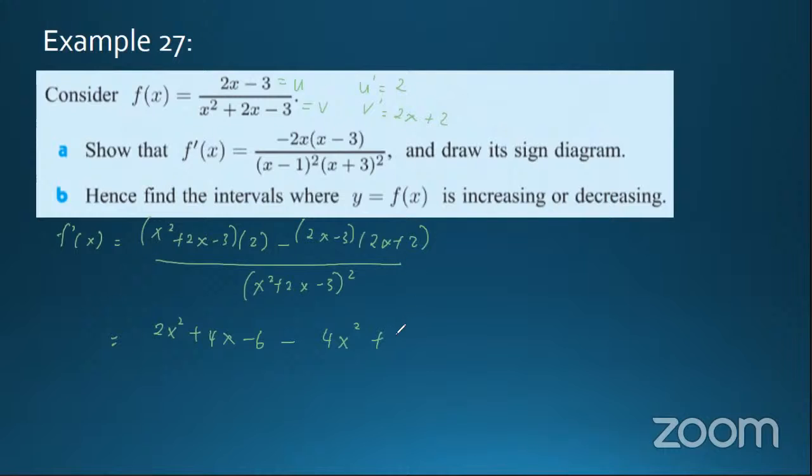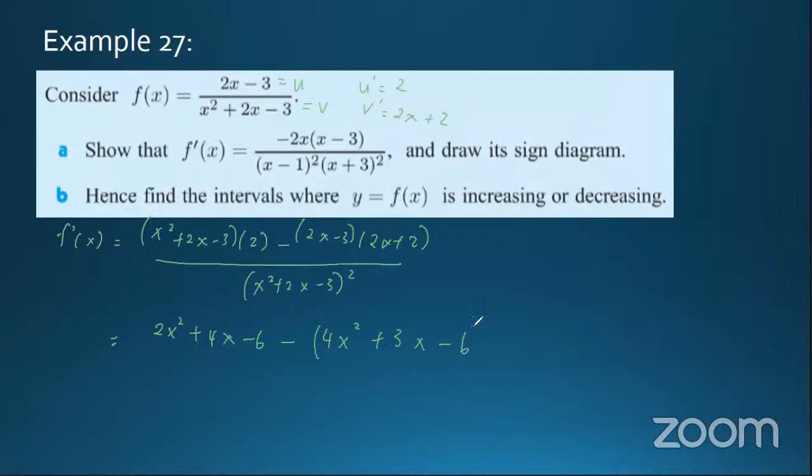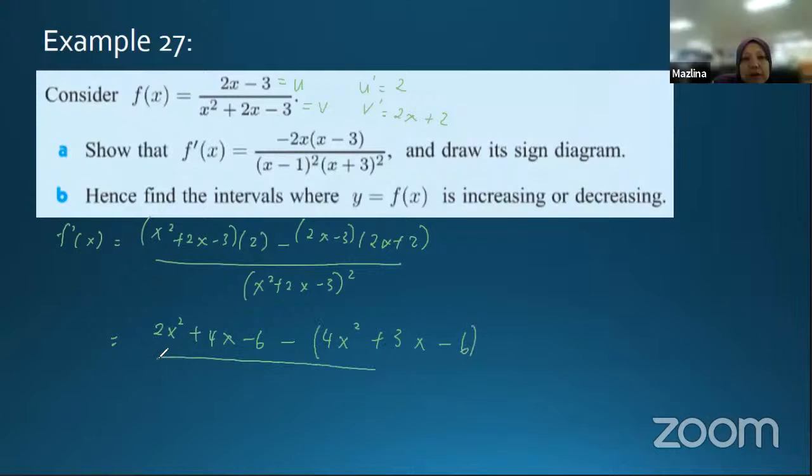Do we have a bracket here, or is this the final one? Yes, there is a bracket. So over all this, x squared plus 2x minus 3, squared.